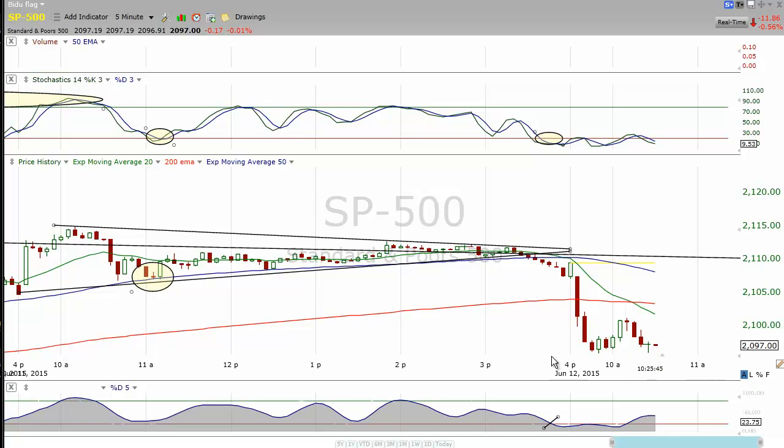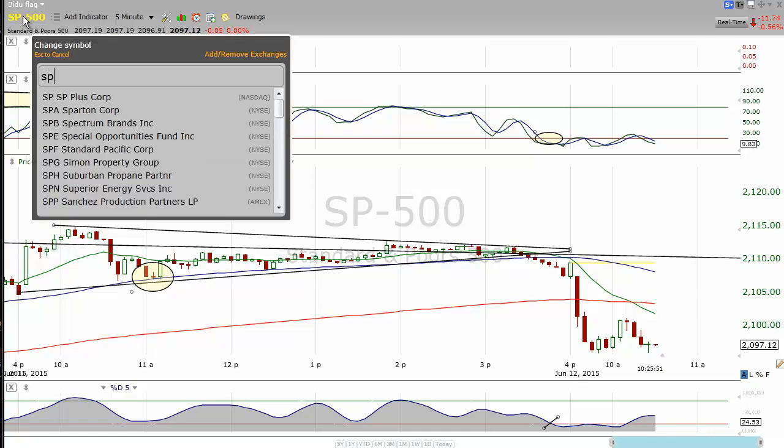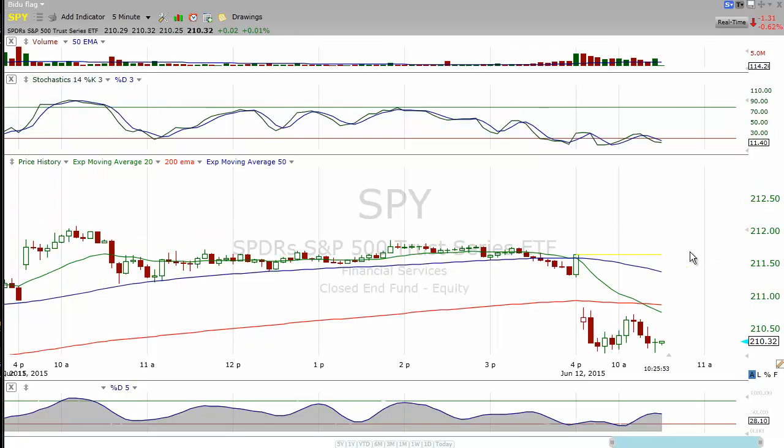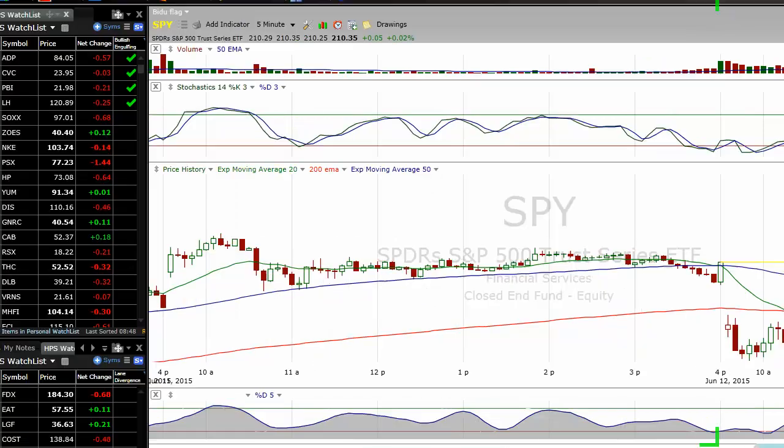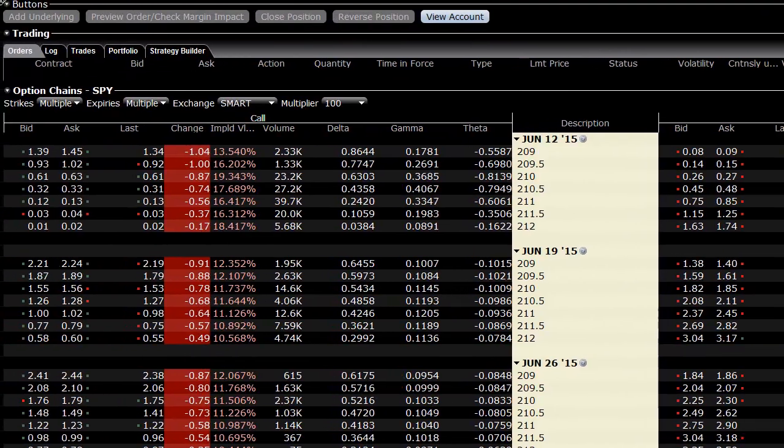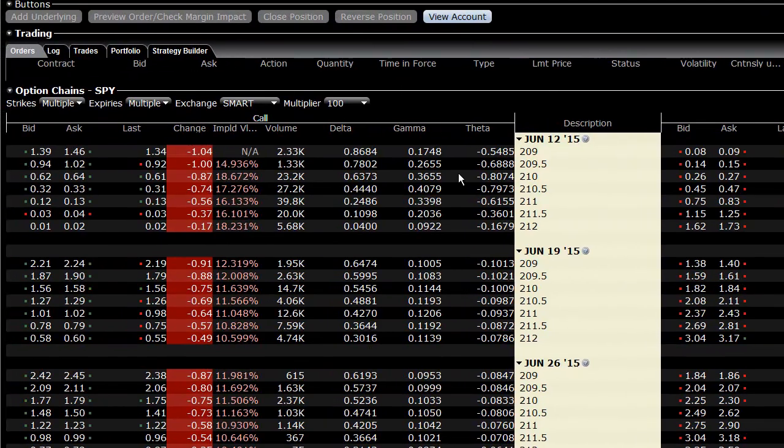So I was just looking at this fast, and I wanted to go over here and look at the S&P 500. What I'm going to do is bring up the SPY here. You're going to see an identical pattern playing out. You can see the 5-minute setup, we're looking at the 210, 211 area, 210.50s. I'm going to drag this over to my IB options trader panel, and I'm going to look at the 19s.